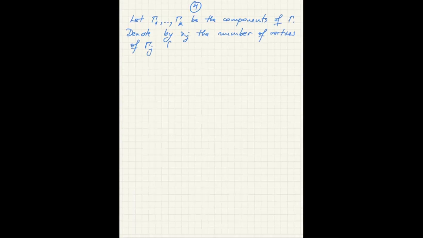All right, so we have gamma that is acyclic, so it can have various components. Let gamma 1 through gamma k be the components of gamma, and denote by nj the number of vertices of gamma j for j between 1 and k.